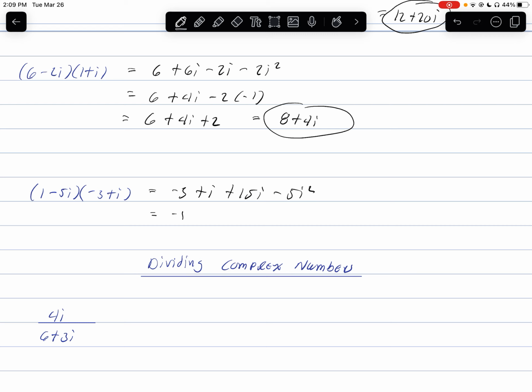So here we have -3 plus 16i. And then we have minus 5 times -1 because i squared is -1. So we get -3 plus 16i plus 5. So if we combine -3 and 5, we'll get 2 plus 16i.